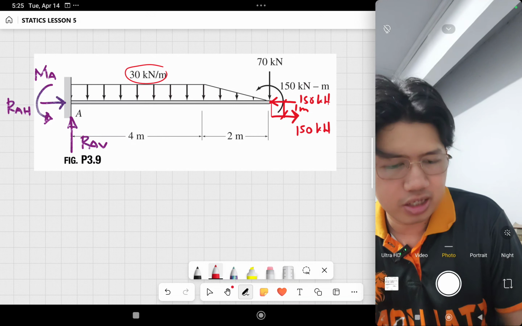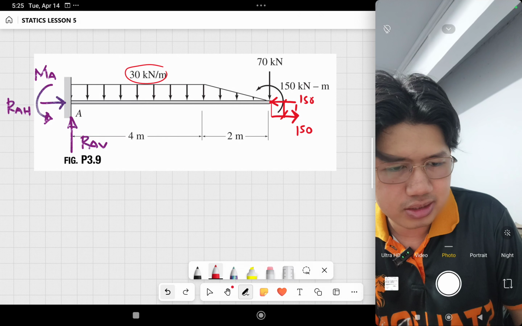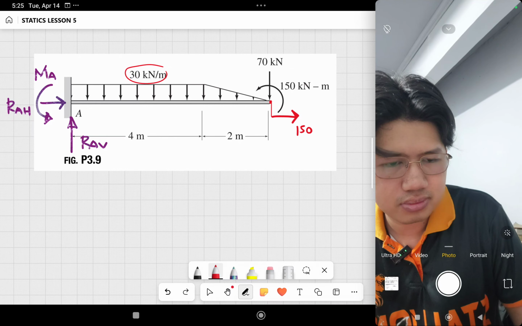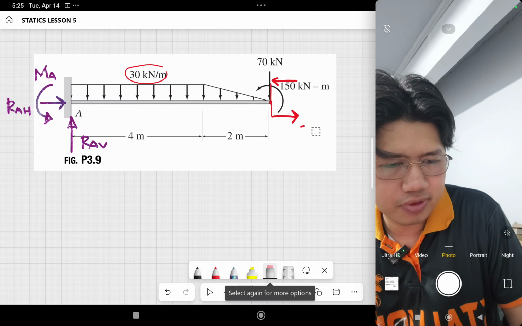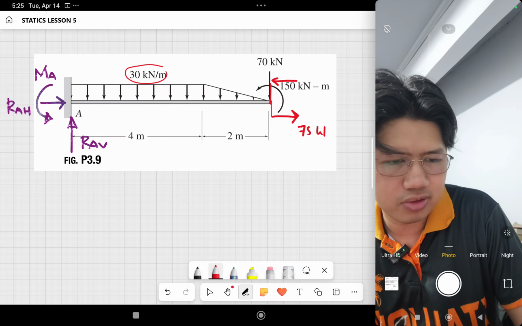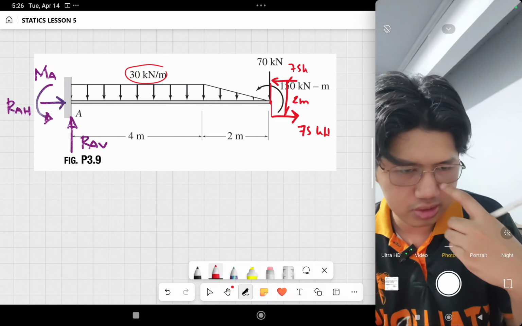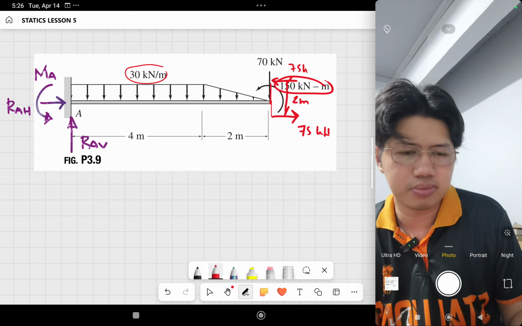O kaya pwedeng ibig sabihin niyan is pwede pang lumayo yun. So imbis na 150, pwede pala siyang 75 kN, 75 kN, and it is spaced 2 meters. And yung equal nun, 75 times 2 is 150 kN meter.